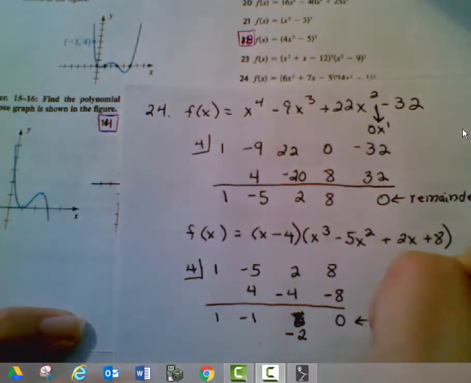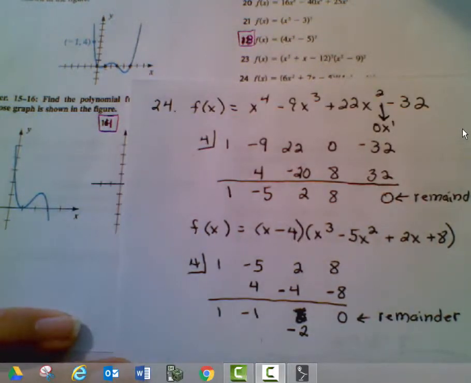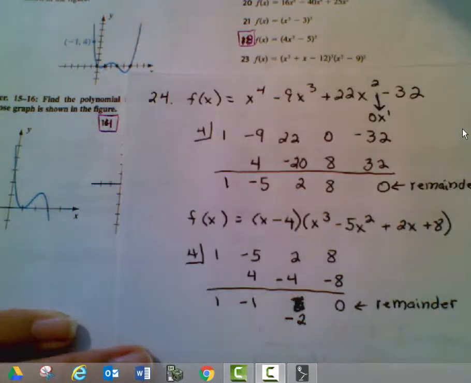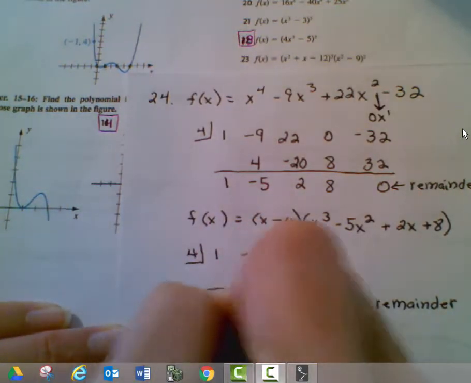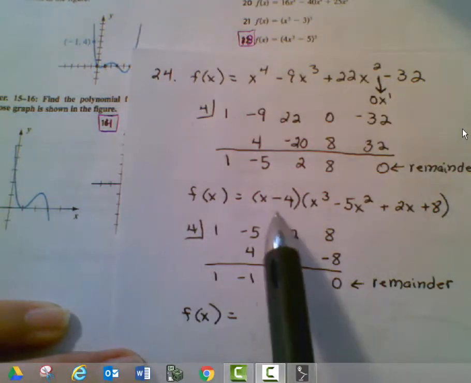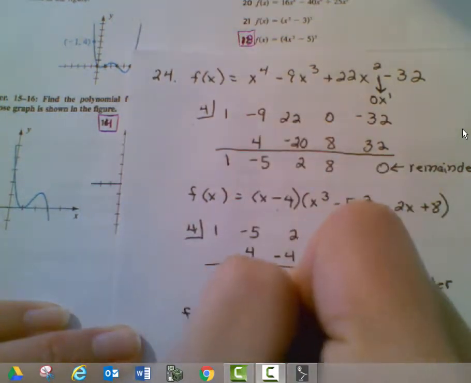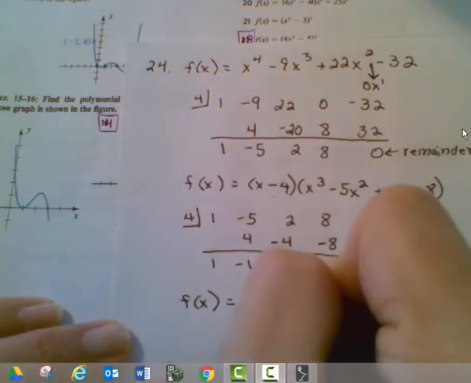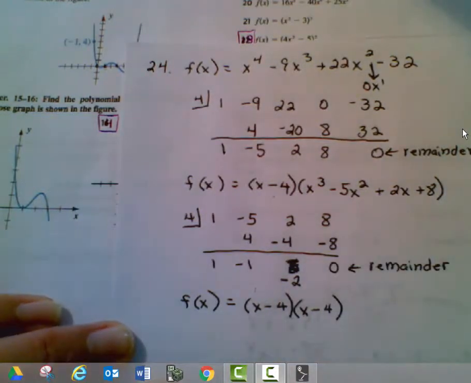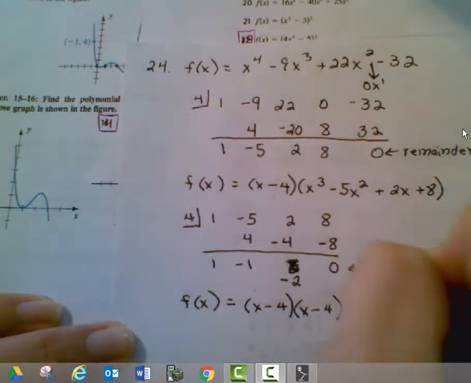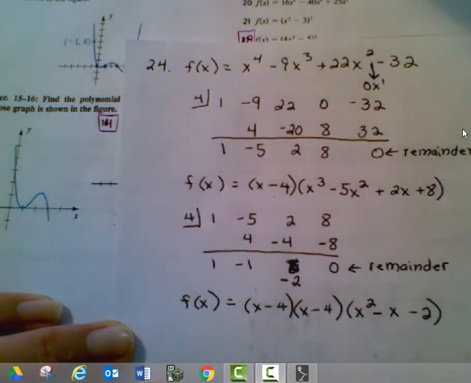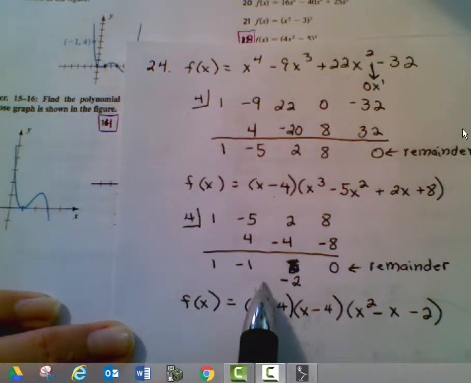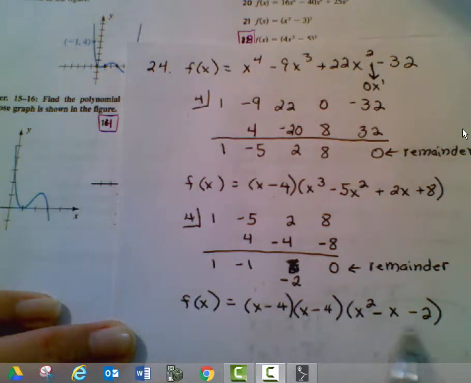Sure enough, I got 0 remainder again. So my function can not only be factored into this x minus 4, but I'd have another factor x minus 4, and then the quadratic factor, x squared minus x minus 2, which has these coefficients, 1, -1, -2.